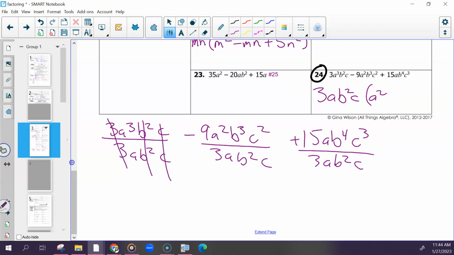Minus. c. Because each of these has one more than the denominator, so there would be one more left. And then plus.